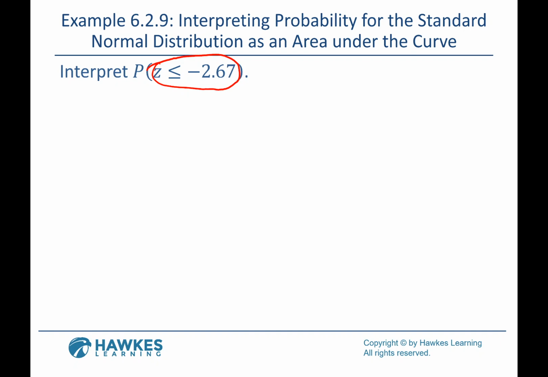Here we would want the area under our standard normal distribution curve to the left, because it's less than negative 2.67. And we just figured out how to find that.